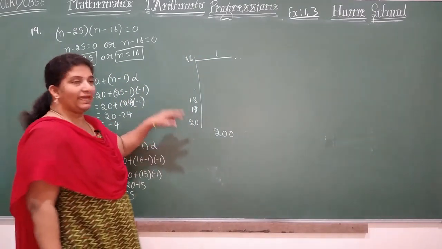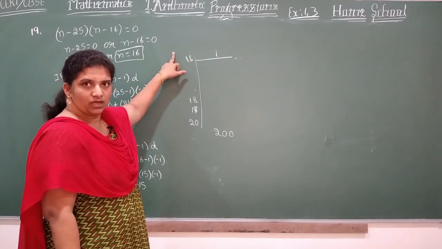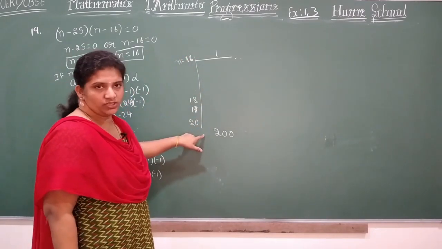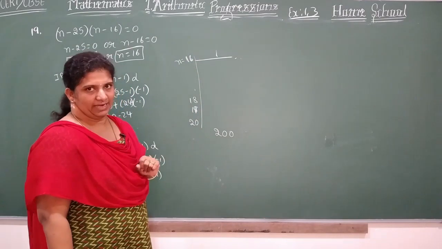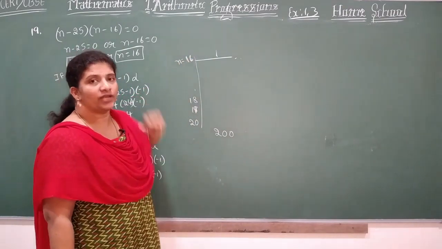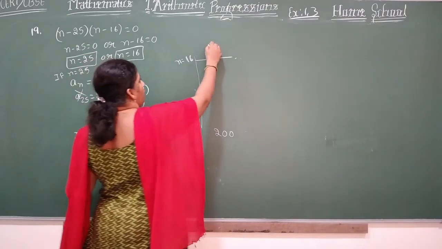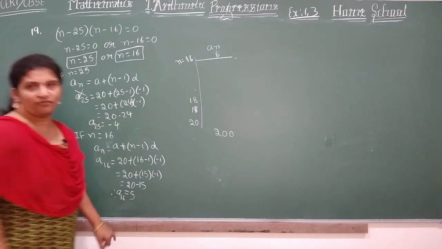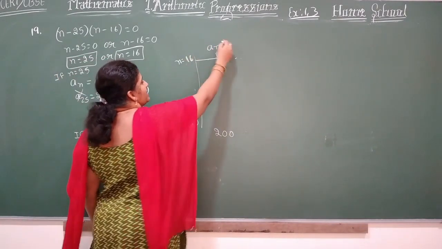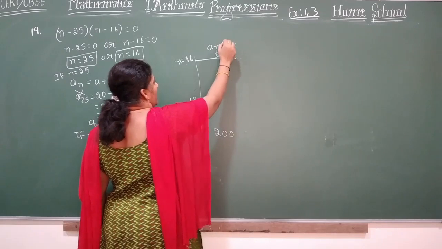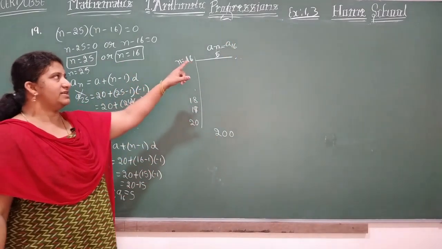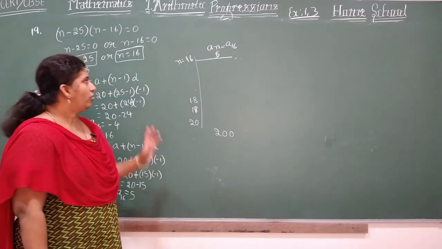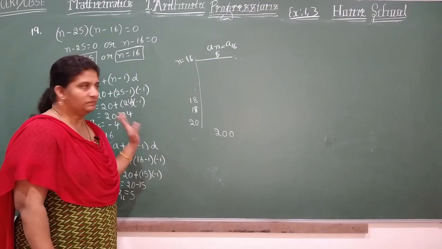There are 16 rows; 200 logs are arranged. But how many logs are there on the top row is your question. Top row means a_n. a_n is how much? It is 5. Which row is it? a_n is none other than a_16. There are 5 logs in the top row. I hope this is understood, children.